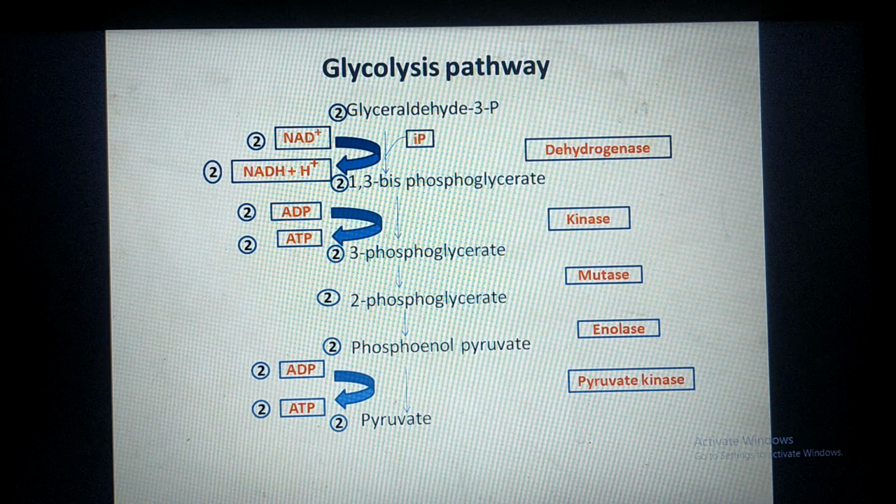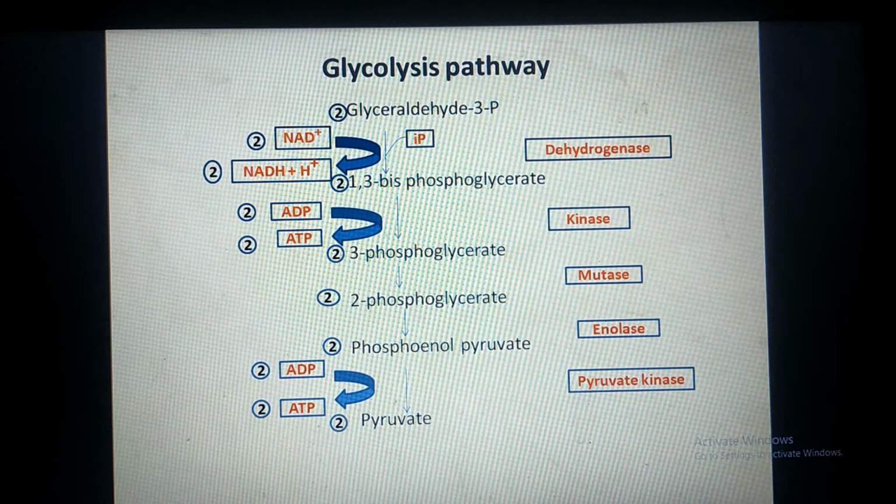Later on, this 1,3-bisphosphoglycerate undergoes dephosphorylation. One phosphate group is removed from the first position and it is added to ADP to synthesize ATP. So here ATP molecules are synthesized.